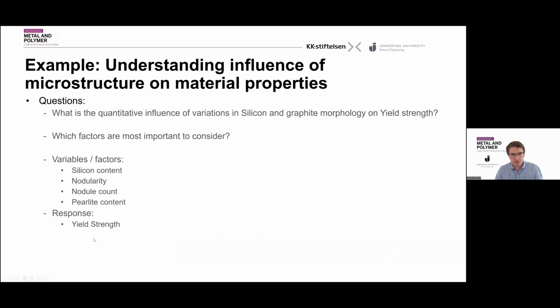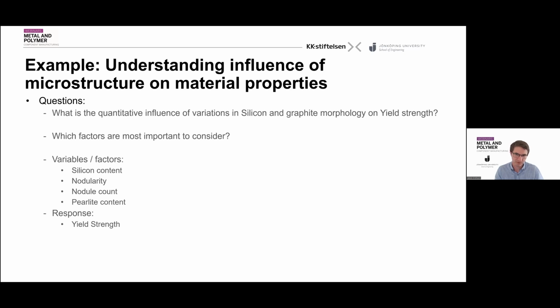So what we wanted to know here in this example is what is the quantitative influence of variations in silicon and graphite morphology on the yield strength of the material. And not only that, we also want to know which factors are the most important ones to consider.